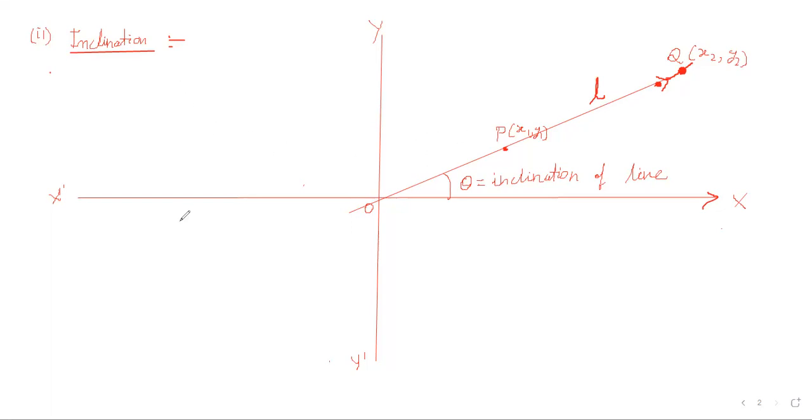Inclination is the angle which the line makes with the positive direction of the x-axis.